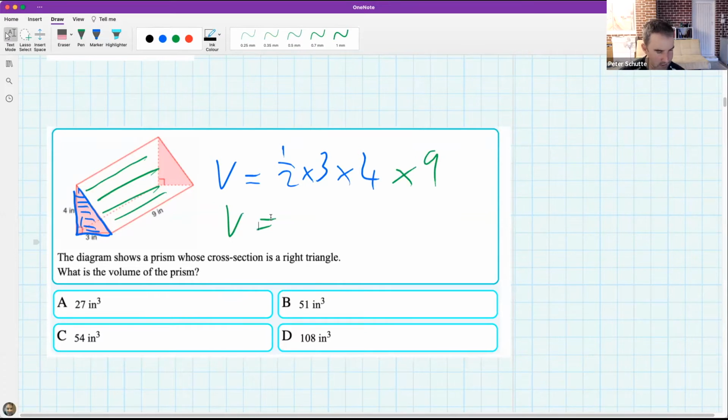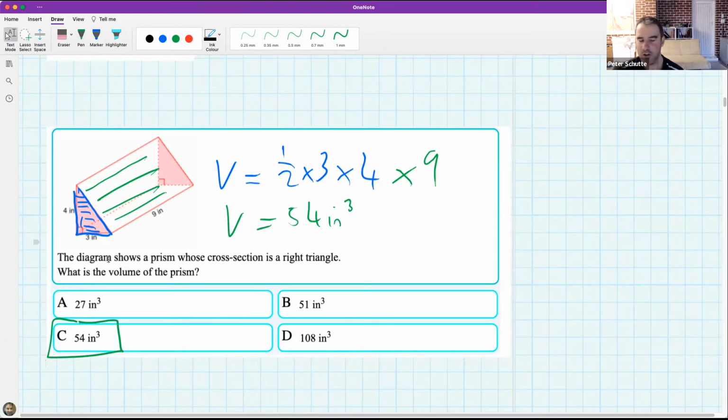So you should get 12 times 9 times 0.5. Why is my calculator gone to sleep? Yeah, 54, and it's inches cubed because this was inches, and that would be option C.